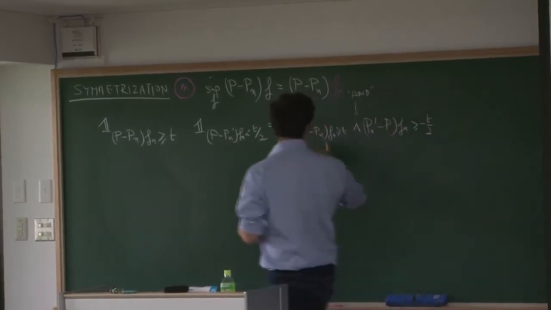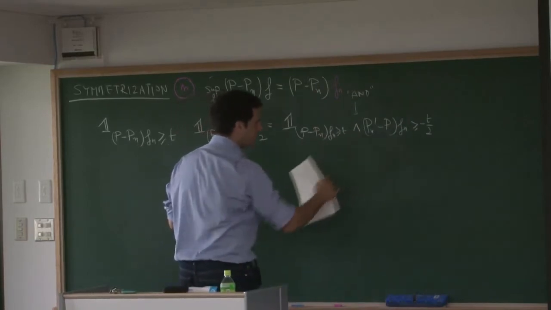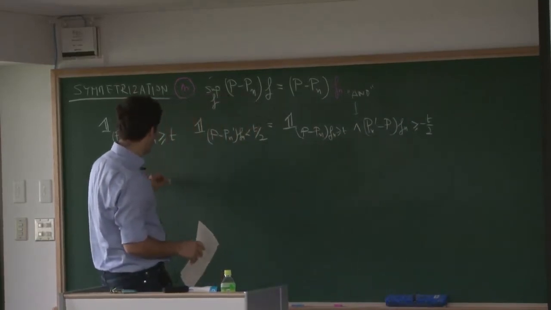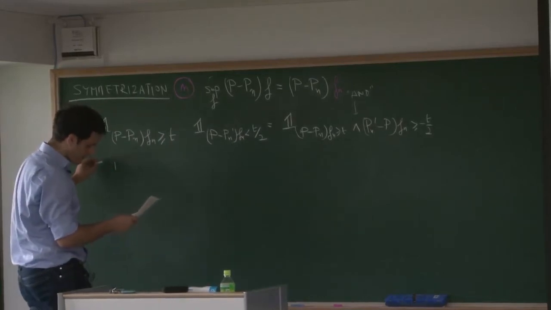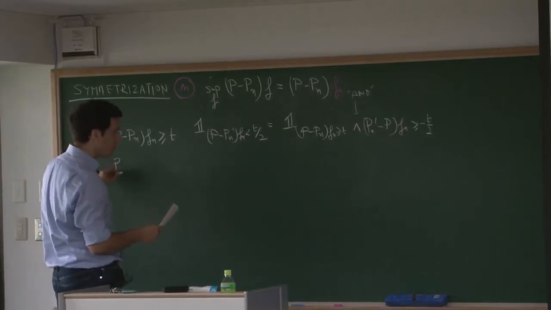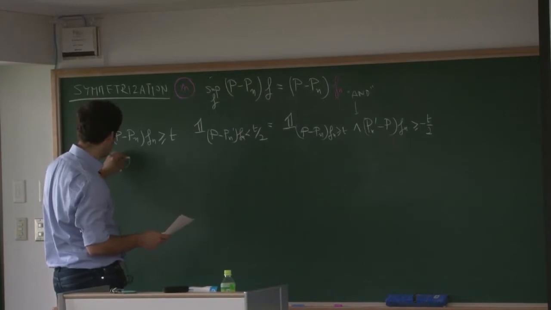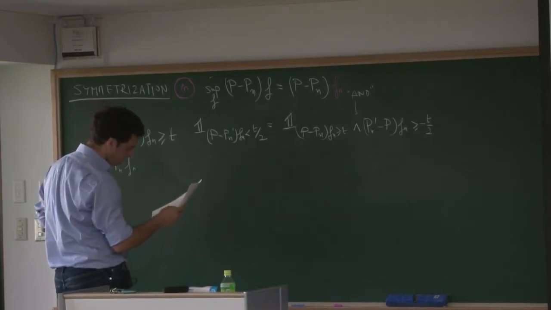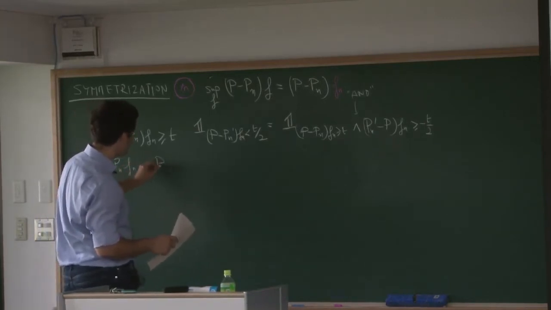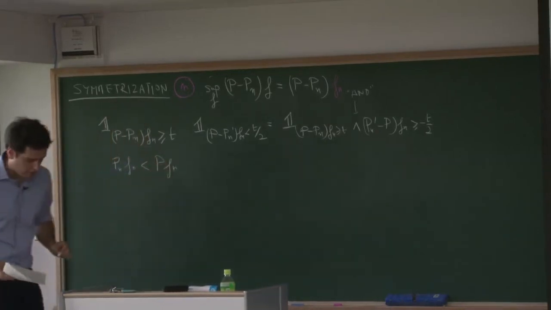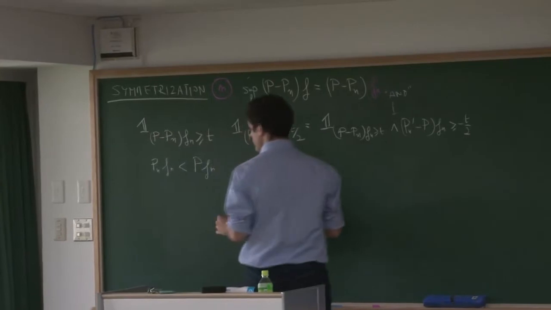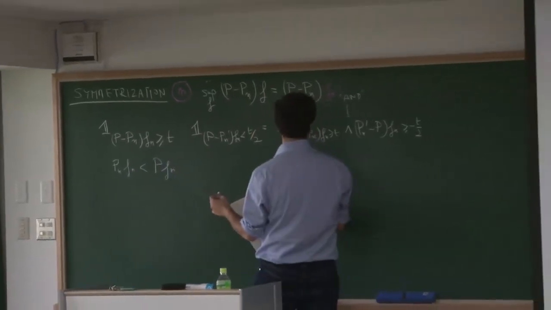So if you think about this, if this happens, then I'm just going to write it here on the side. I have that Pn of Fn is smaller than P of Fn minus t. I'm sorry, I'm a lefty, so I should do it this way.